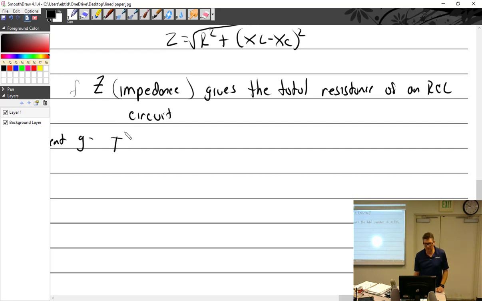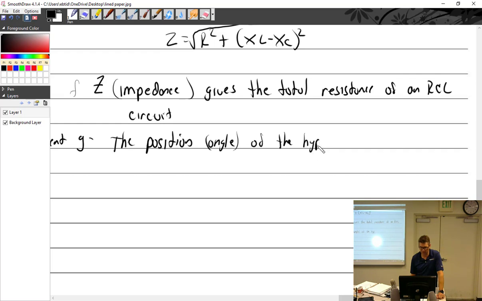So the position, you can make it a star or a circle. The position or angle, the angle of the line of the hypotenuse, indicates phase angle.